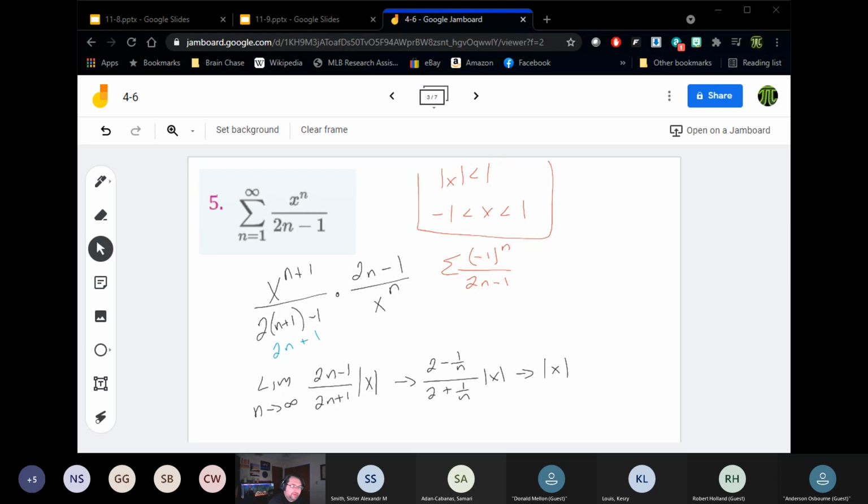Now the question is, does the limit go to 0? I have 1 over 2n minus 1. Does that go to 0? Yeah. So this converges because of the alternating series test. So I add the equal to symbol for that -1. That part makes sense?